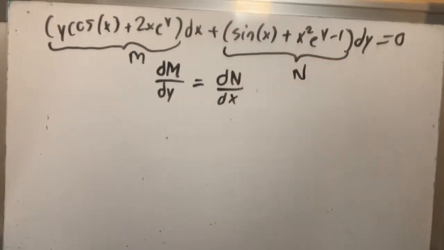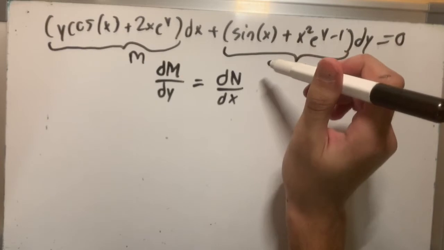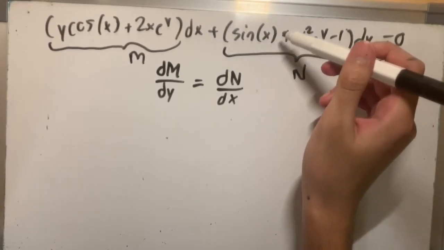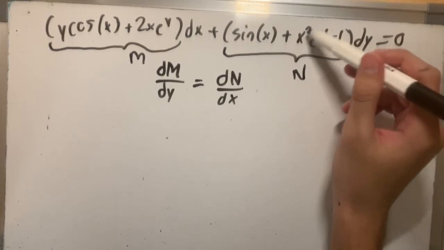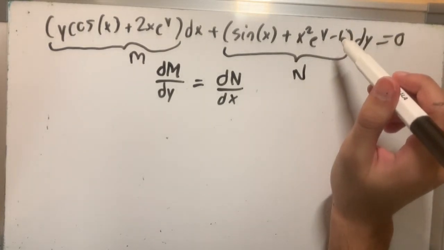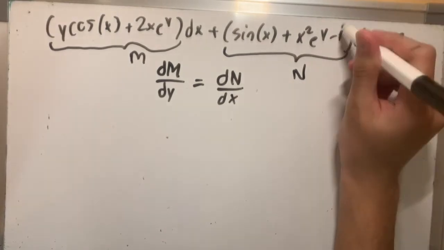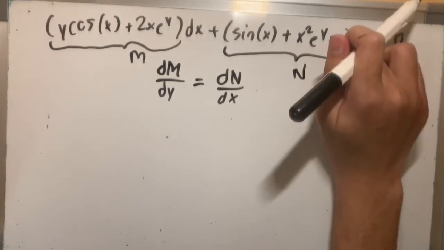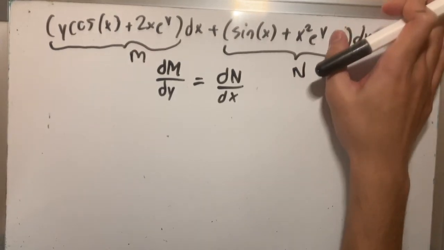And then on this side, if we take the derivative with respect to x, we'll get sin x, derivative will be cos x plus 2x, because we got the x here, and this would just be constant, so it would just be 2x e^y, and this is minus 1.